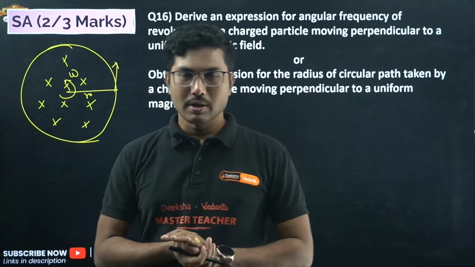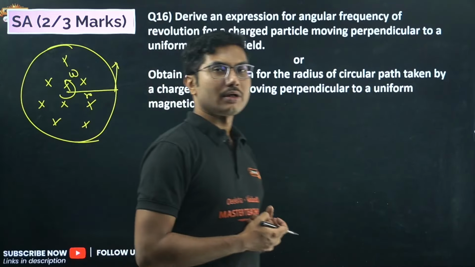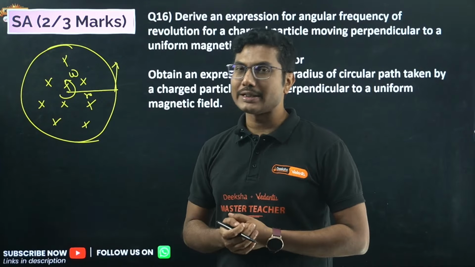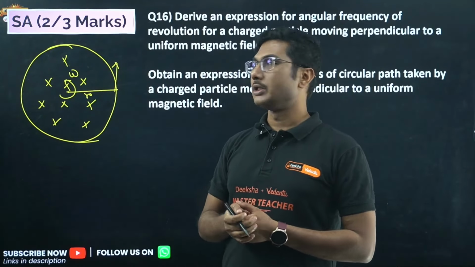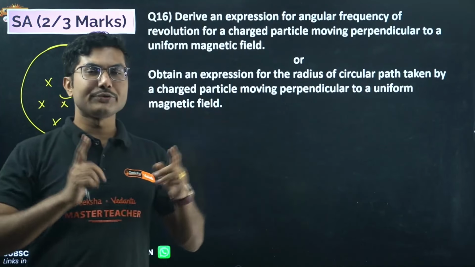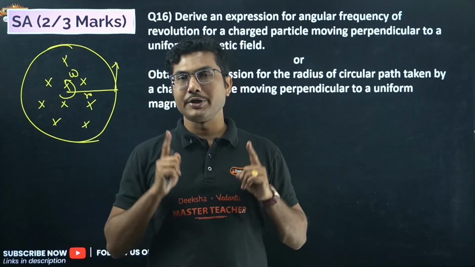Similarly, the charge is rotating in a circular path, which means someone has to provide the required centripetal force, otherwise this circular motion would not be possible. So who is providing it? Whenever you see a circular motion, always ask who is providing the centripetal force.